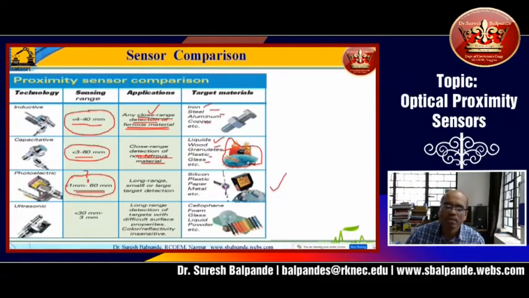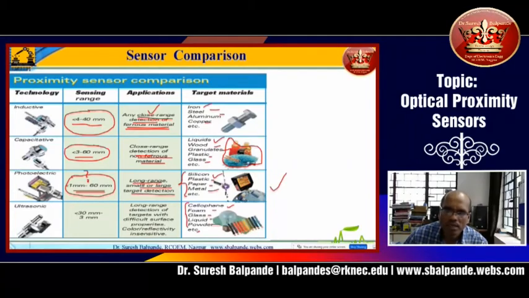Here it is a long range, and small or large target detection is possible with the help of photoelectric. Materials are silicon, plastic, paper, metal, all excluding glass. Glass is not preferred here. And of course, for the ultrasonic case, cell phone, foam, glass, liquid, powder, etc., can be detected.